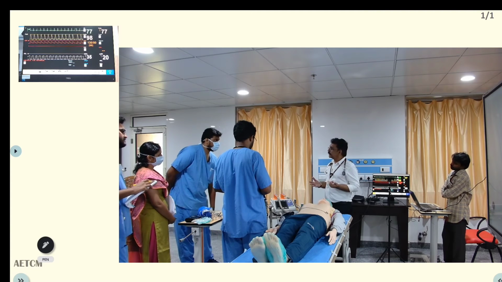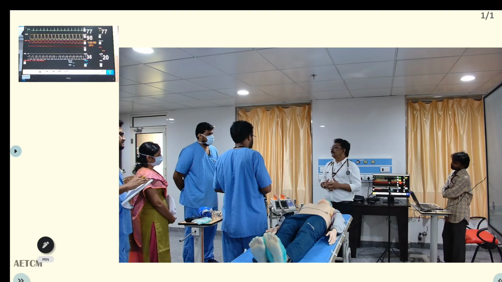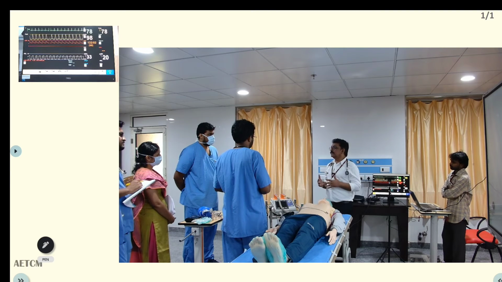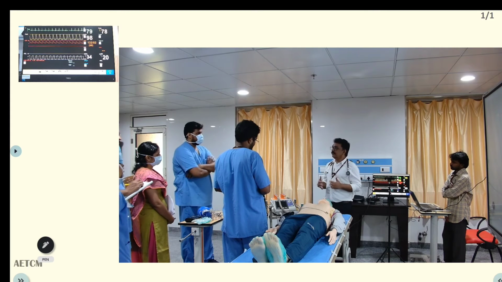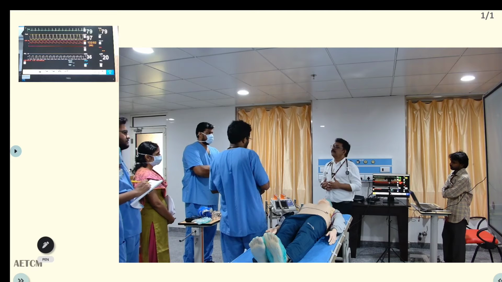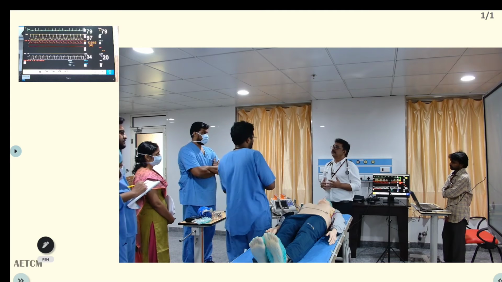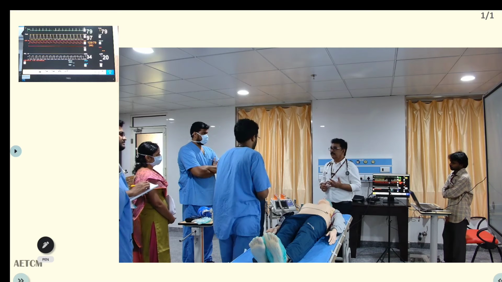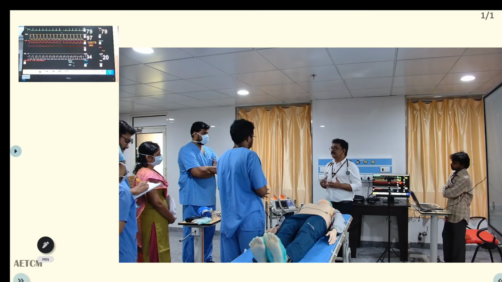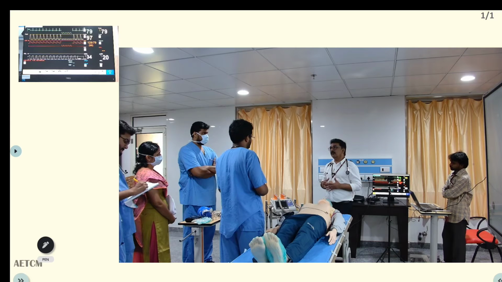If it is wide complex regular rhythm, what are the problems you can have? Wide complex regular tachycardia. There are four reasons: SVT with LBBB, SVT with RBBB, SVT with WPW syndrome, or VT. So all are possible.